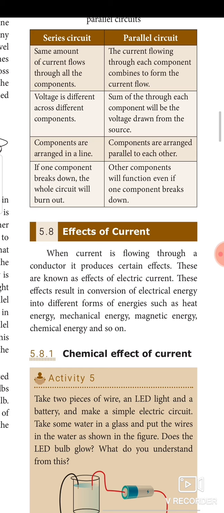The sum of the voltages across each component will be the voltage drawn from the source. In a series circuit, components are arranged in a line. In a parallel circuit, components are arranged parallel to each other. If one component breaks down, the whole circuit will burn out in a series circuit. Other components will function even if one component breaks down in a parallel circuit.